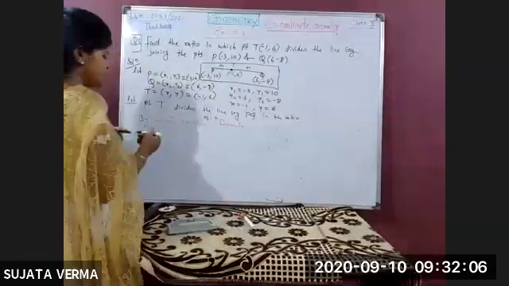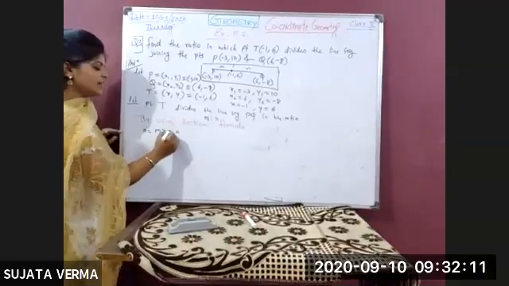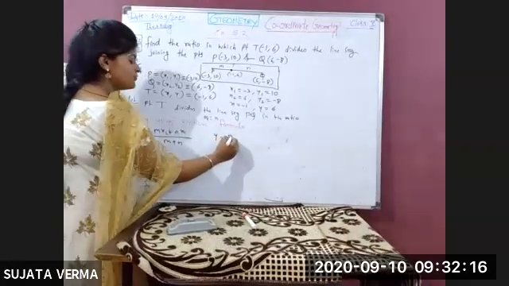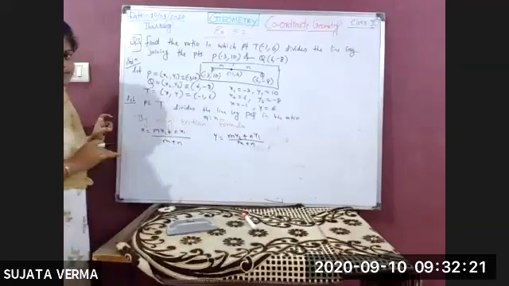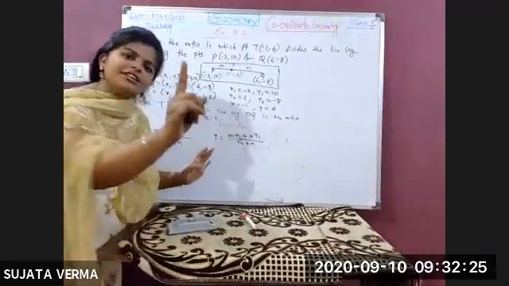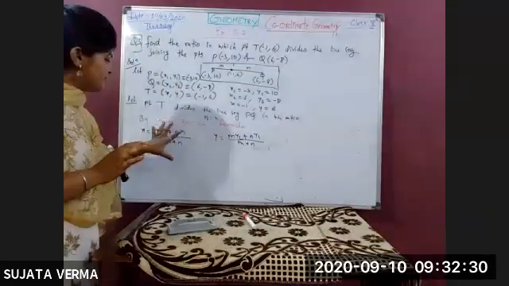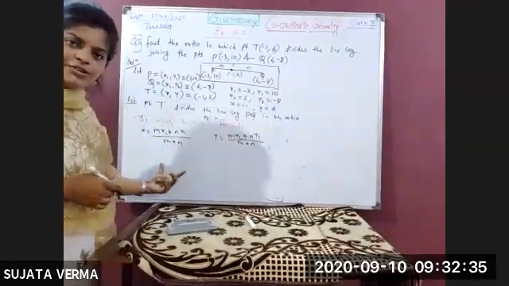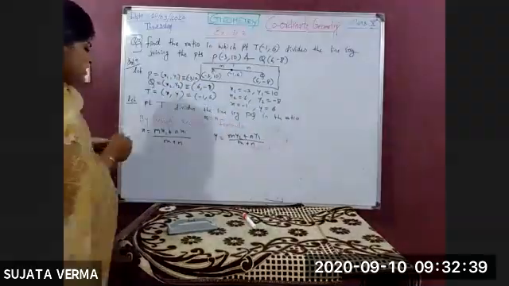Okay, the section formula is x equals (M x2 plus N x1) upon (M plus N), and y equals (M y2 plus N y1) upon (M plus N). No need to solve both x and y coordinates. Only take any one. If you take the x coordinate and put the values of x, x1, x2, then you will get the ratio M is to N. Or you can also take the y coordinate. Okay. So we take the x coordinate first.